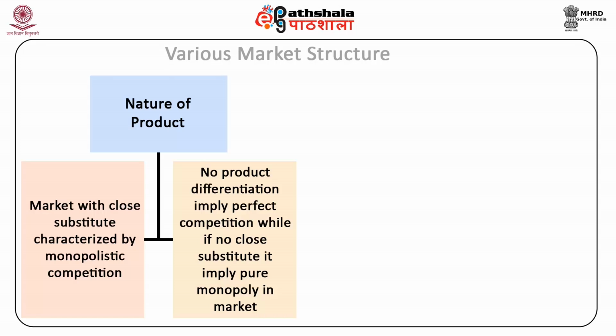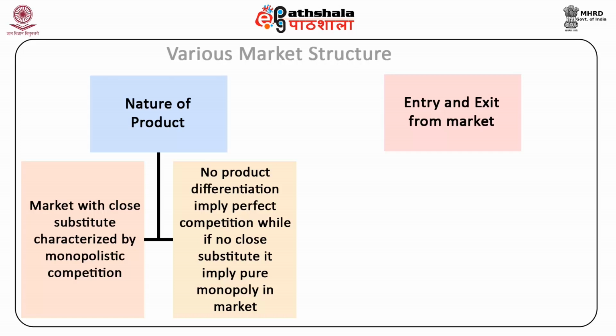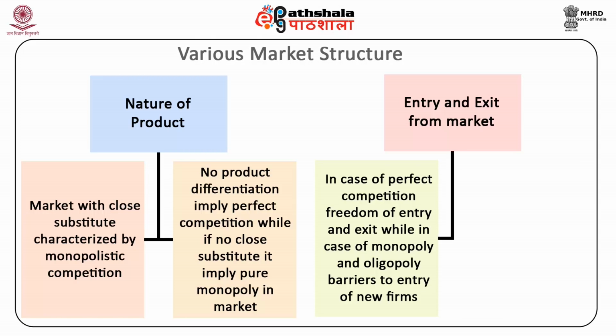Fourth determinant is the condition of entry and exit from the market. Market structures are also influenced by conditions of entry and exit from the market. Profits in a market will attract the entry of new firms and losses lead to the exit of weak firms from the market. In a perfect competition market, there is freedom of entry and exit of firms, but in monopoly and oligopoly markets, there are barriers to entry of new firms.